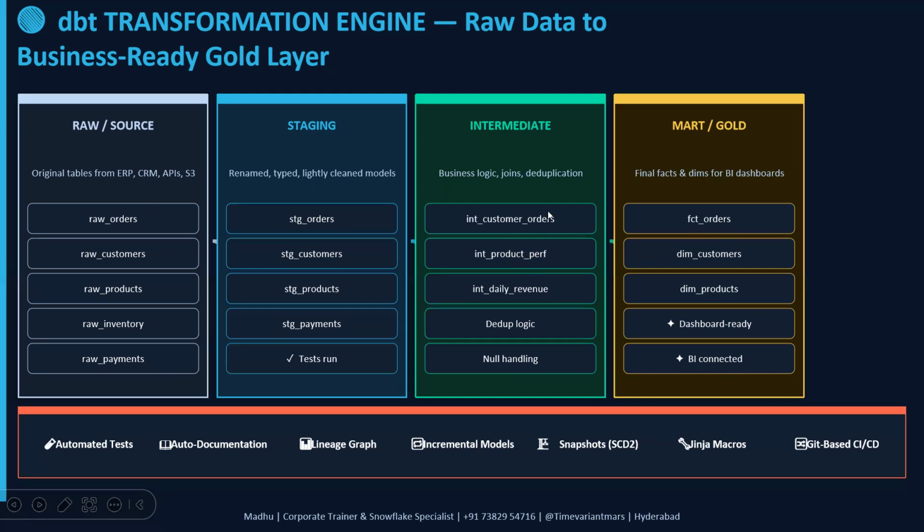When I'm running a query or checking this model, I need to know where it comes from, what the source of int customer orders is, because this model has both customer and order details. For that, we can see the lineage graph.